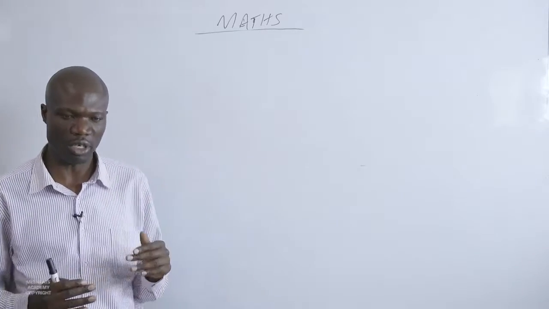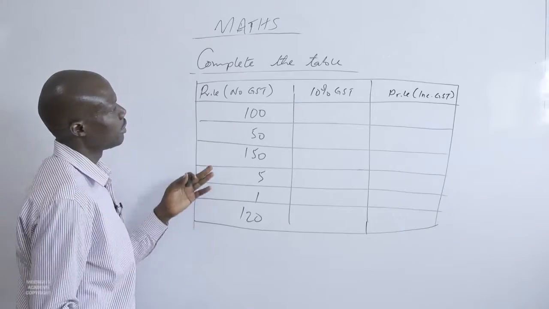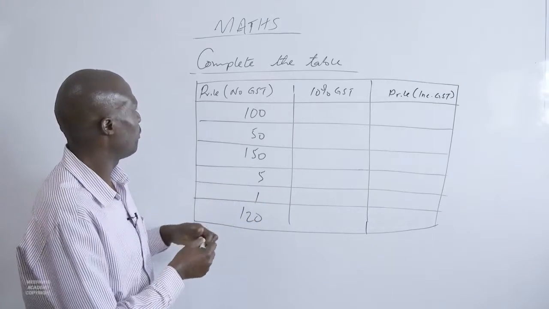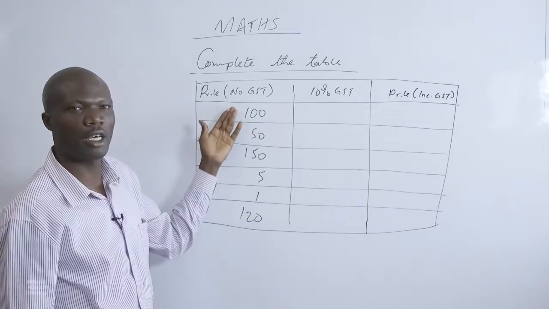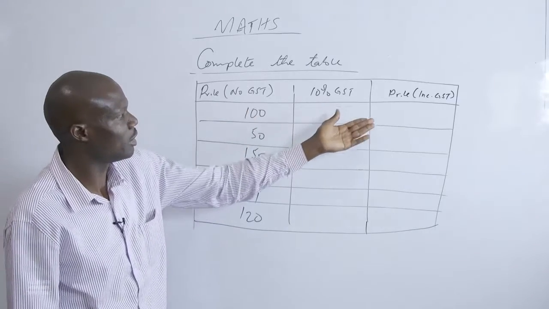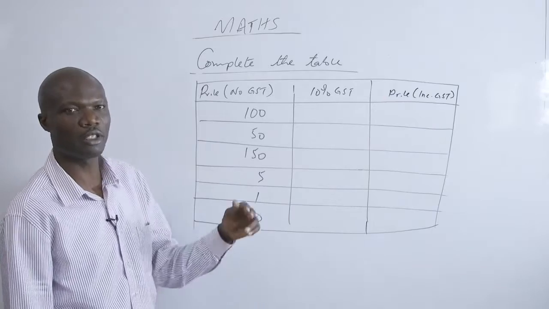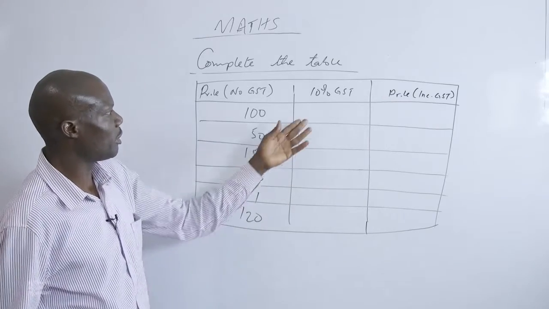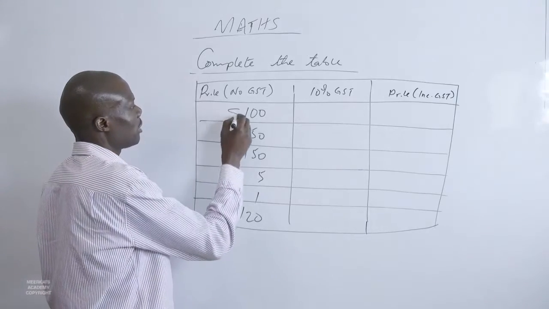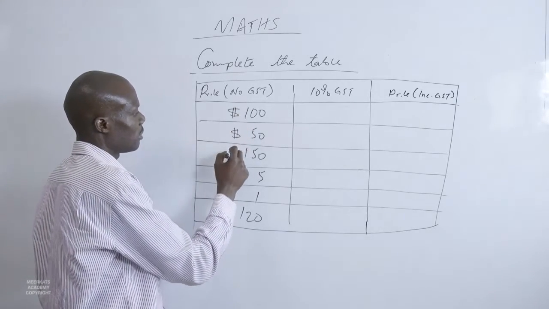So let us look at the following. We have to complete this table. The first column, we have price with no GST. Then we have 10% GST, and we have price inclusive of the GST. For the first one, it is simple. This is price in dollars.